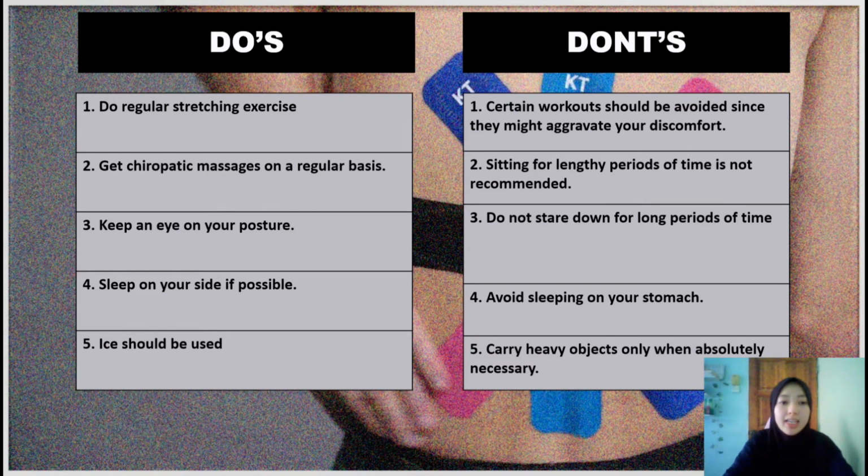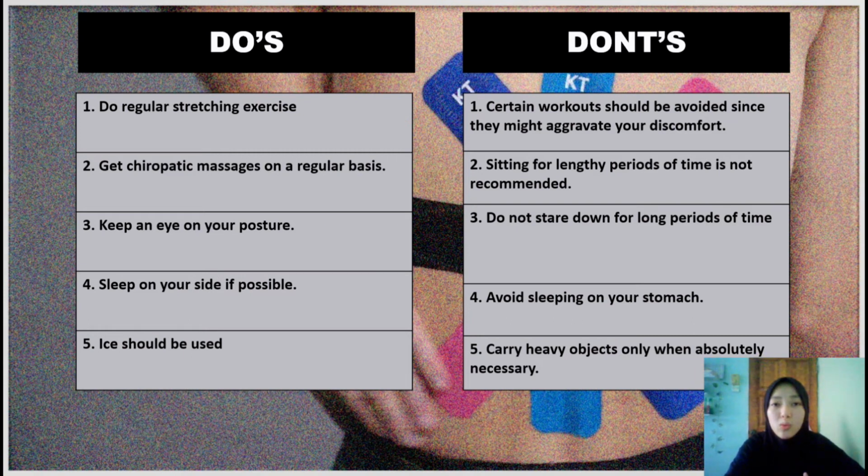Number 3, keep an eye on your posture. A good posture can protect you from injury and from having back pain. Number 4, sleep on your side if possible. Put a pillow between your knees to give support. Number 5, ice should be used.